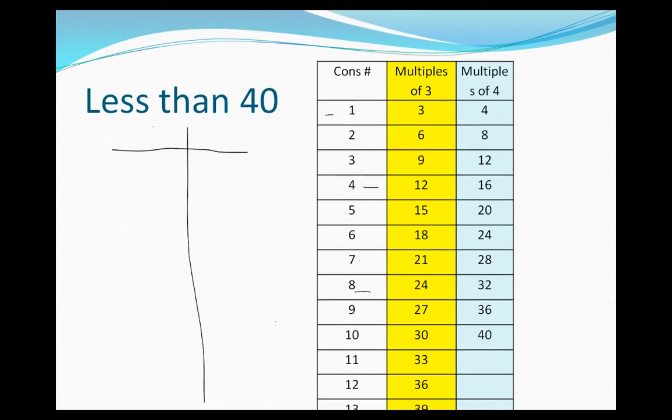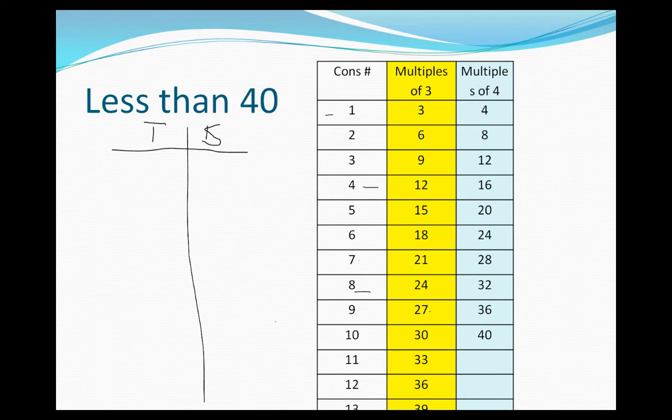Let's call one side T for the triangles, and one side S for the squares. We look in the multiples of 3 and in the multiples of 4 and see where any number in 3 added to a number in 4 gives 40. Remember, multiples of 4 represent squares, multiples of 3 represent triangles.